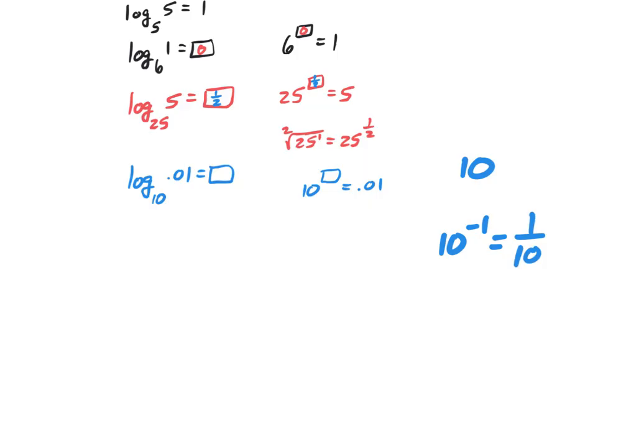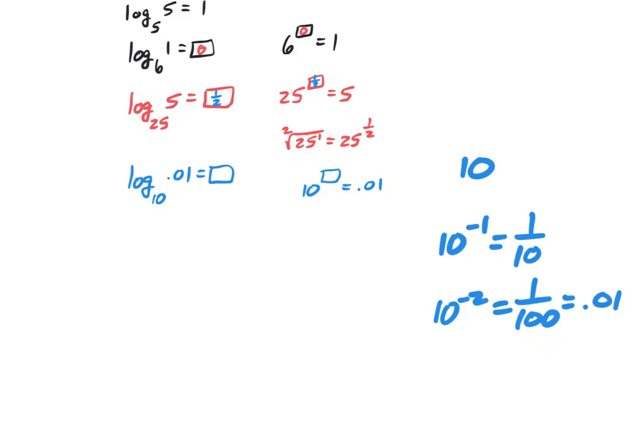If I do 10 to the negative 2, then that would be 1 over 100, and that is the same as 0.01. So 10 to the negative 2 gives me 1/100th, which is the decimal that I have right here.